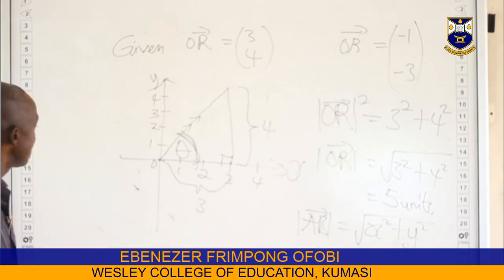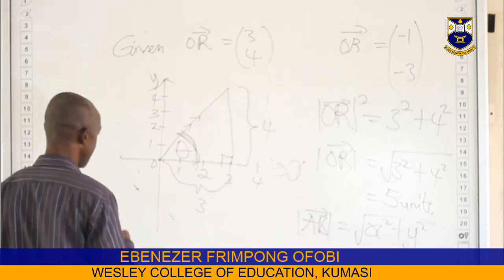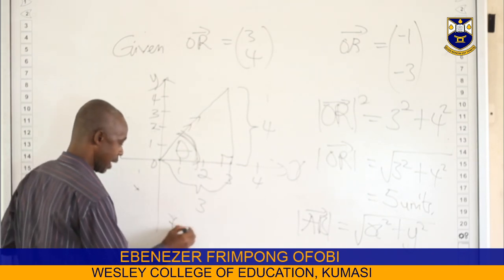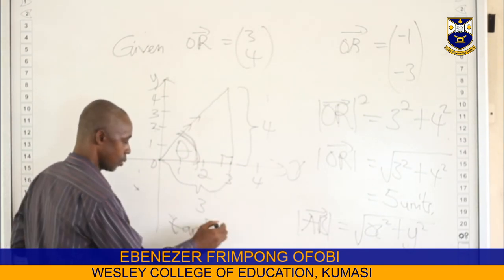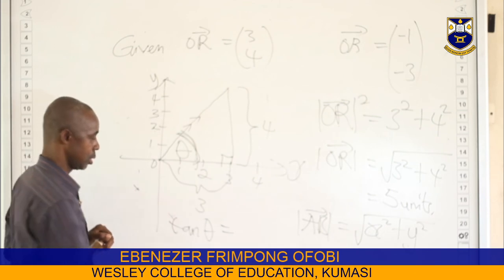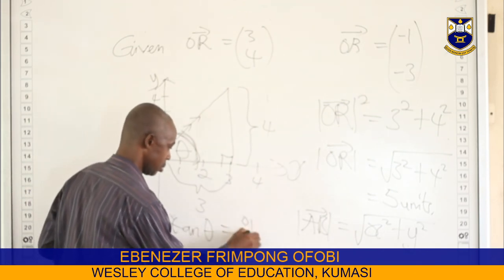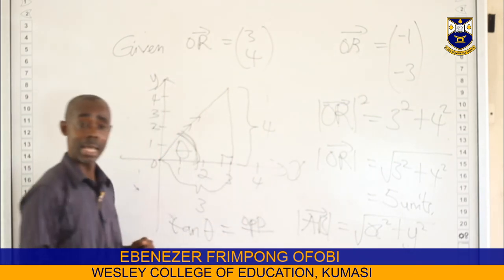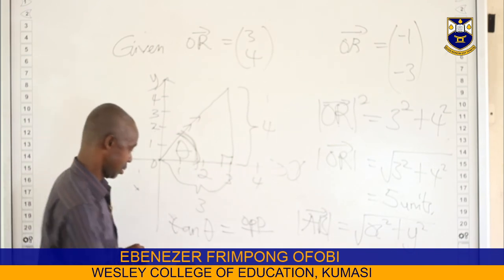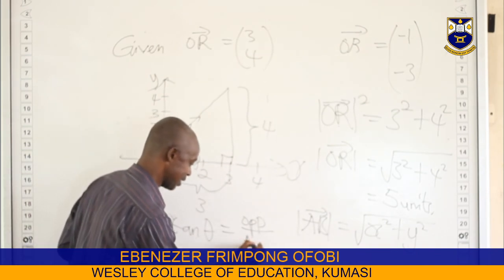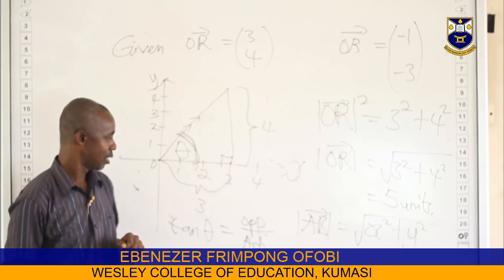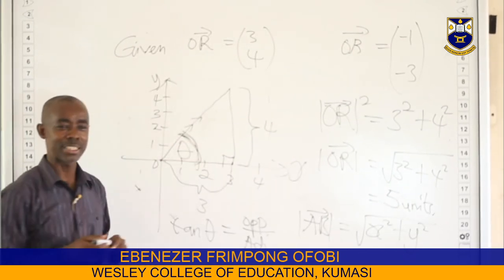The tangent of the angle, tan theta, will be equal to the opposite side over the adjacent side. Very good. So this can be calculated.